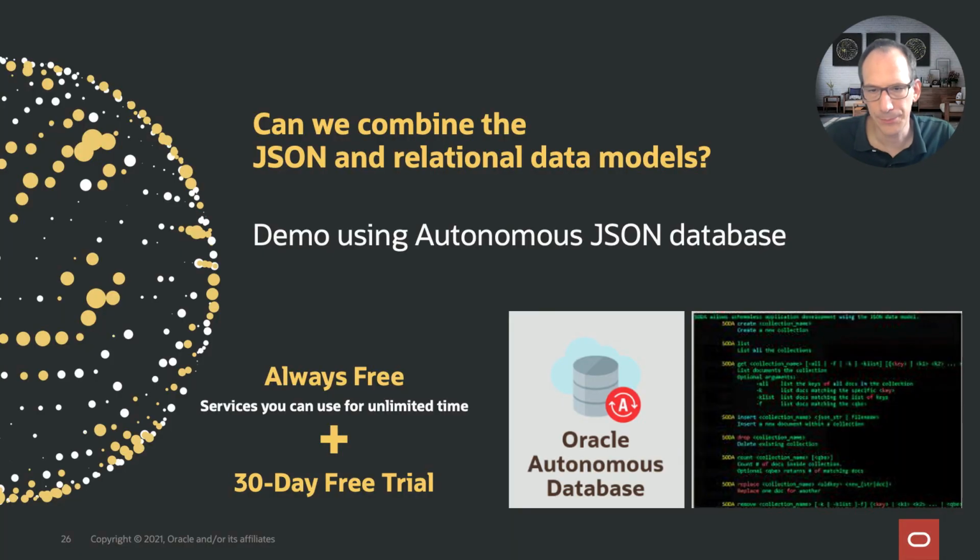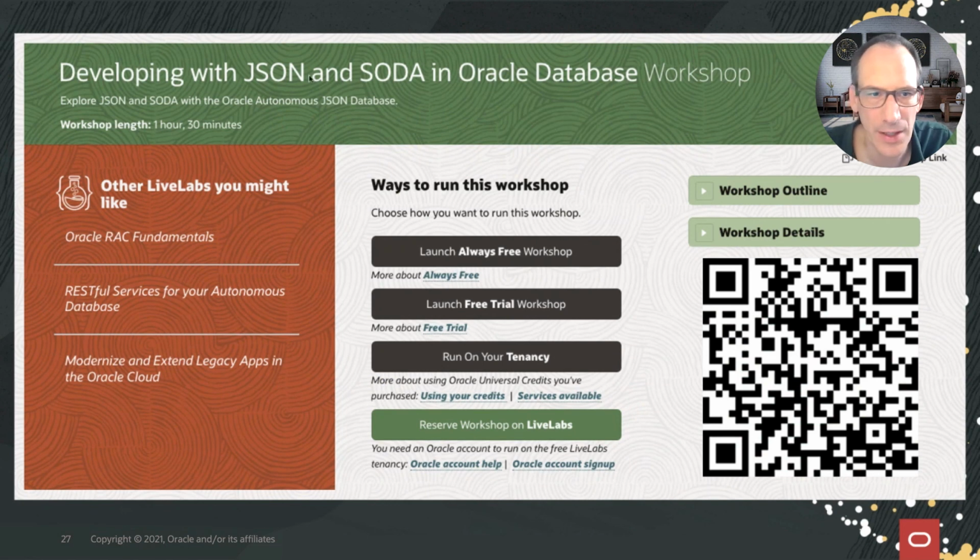Almost done here. So you can try this out yourself. You can sign up for an Oracle Autonomous Database, and you may get some credits, but you actually don't need them because everything I've shown here you can do on the always free tier. And there is a workshop that obviously goes into a lot more detail.